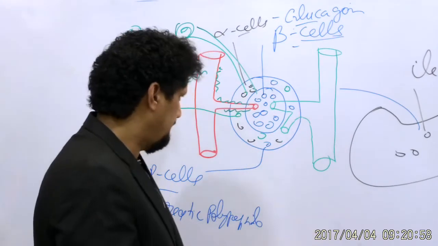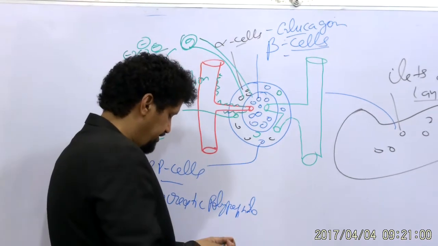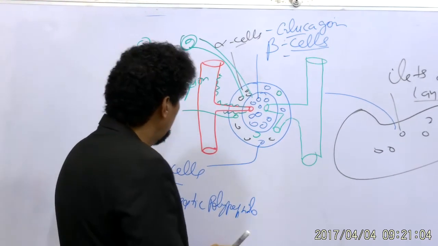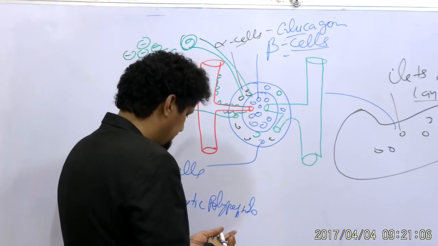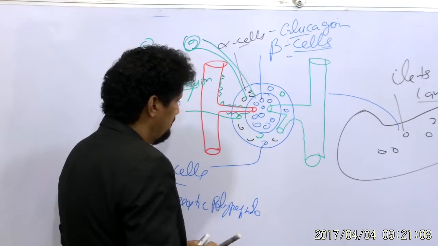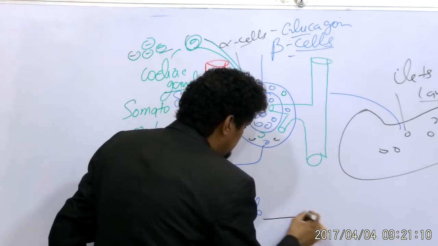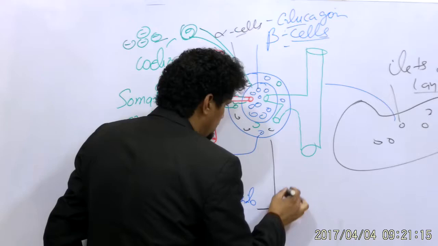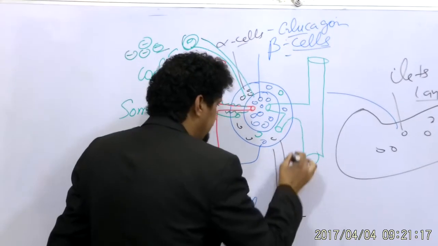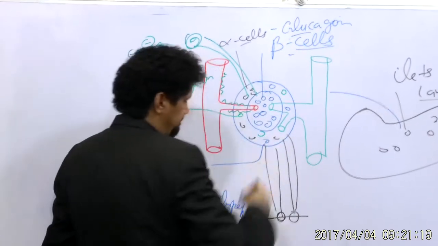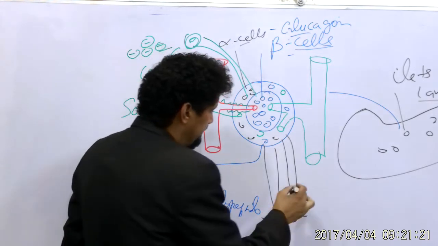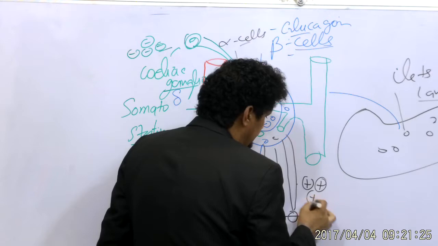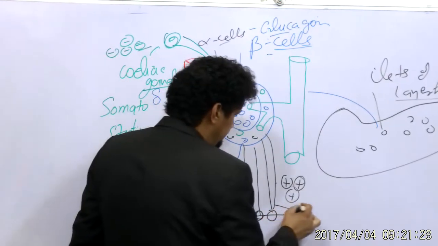On the other hand, the parasympathetic nerves, this is the ganglion near the islet of the Langerhans, and these are facilitatory and increase the secretion of the insulin.